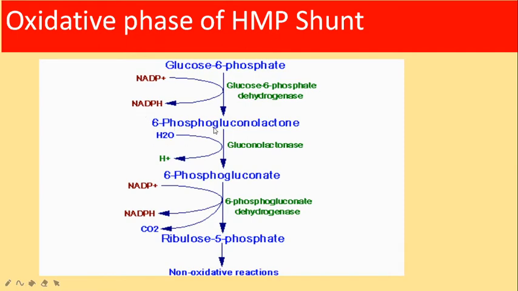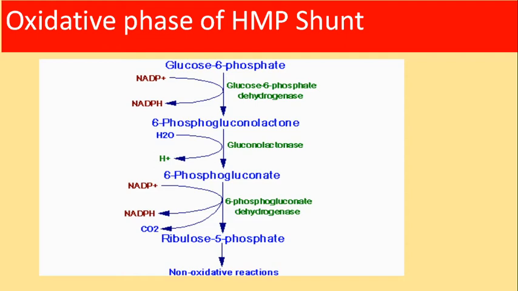Then the 6-phosphogluconolactone is converted into 6-phosphogluconate in the presence of the enzyme gluconolactone hydrolase. It's a hydrolysis step, the second step. Then the third step involves 6-phosphogluconate conversion into ribulose 5-phosphate with the help of the enzyme 6-phosphogluconate dehydrogenase. Again it uses NADP plus as reducing equivalent to be converted into NADPH.